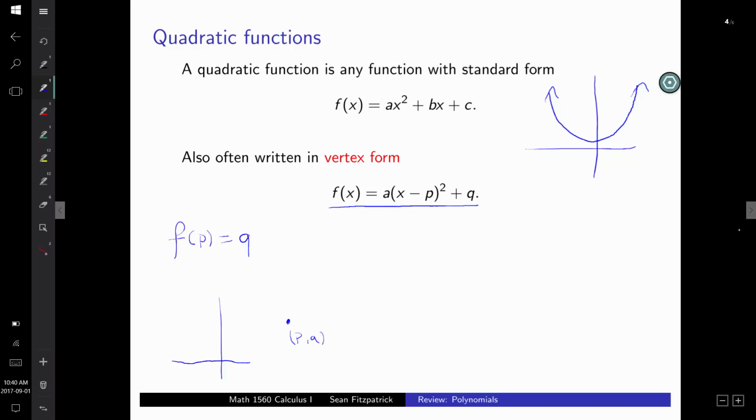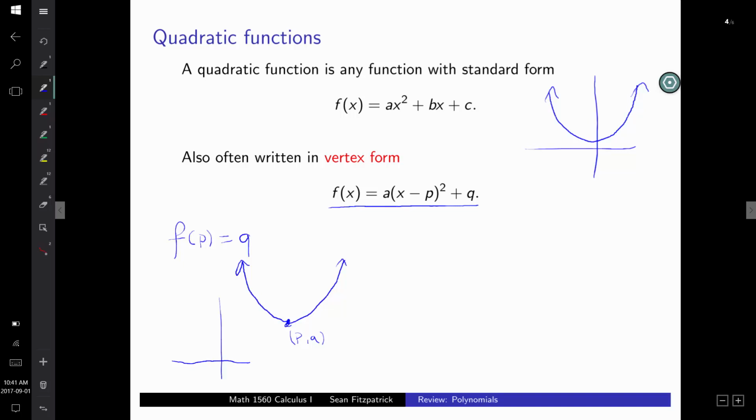Of course, because p minus p is 0, and 0 squared is 0. But for any other value of x, this is some number. It might be positive, it might be negative, but it's being squared, so it's always going to be positive, and let's assume that a is also a positive number. So we're going to go up from there. So this point (p, q) is the so-called vertex of the parabola. It tells you where that parabola bottoms out.